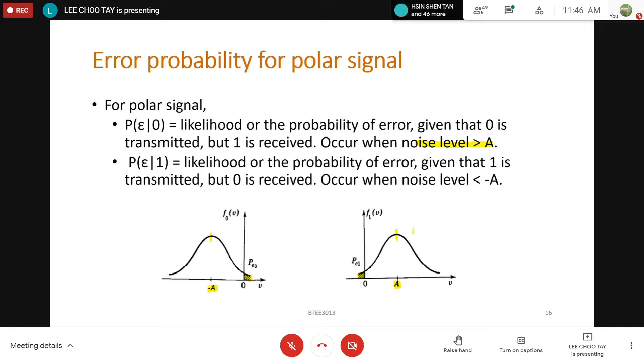And when we send a 1, if the noise level is smaller than minus A, that will cause the signal amplitude at the receiver to be negative, and therefore it is wrongly interpreted as 0. So this is for polar signaling. And you see our decision threshold here is set at 0, so positive or negative.